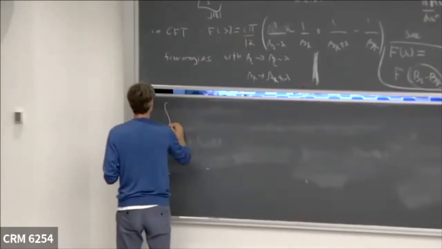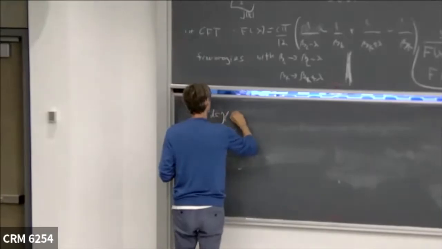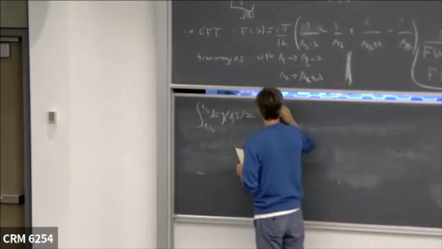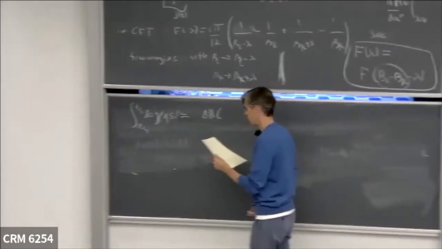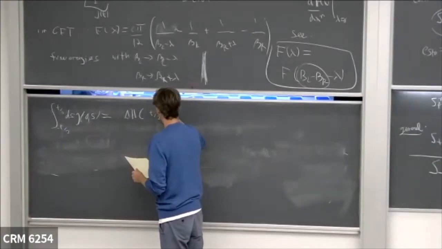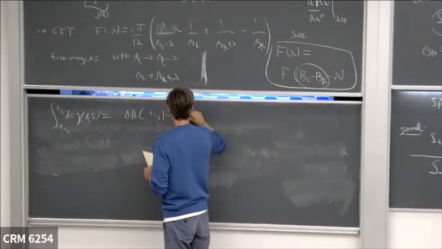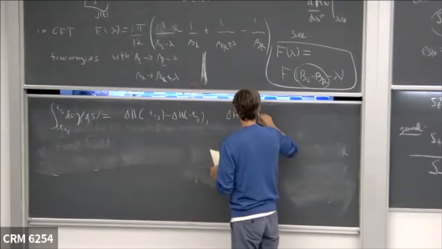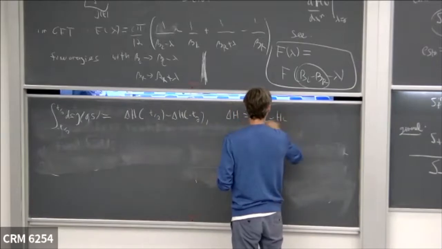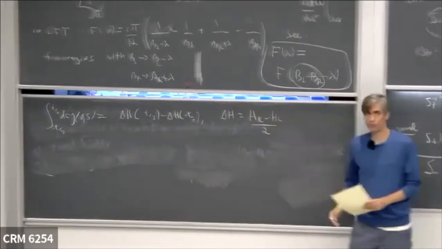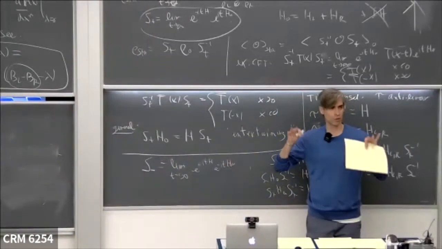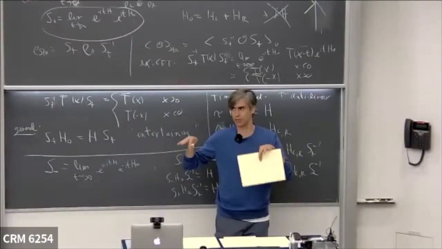The integration from minus t over 2 to t over 2 of the current, we write as the difference of something I called delta H, in fact, in my last lecture: delta H at t over 2 minus delta H at minus t over 2, where this delta H is really H right minus H left over 2. So it's the difference at two different times of the difference of the energy on the right and left.